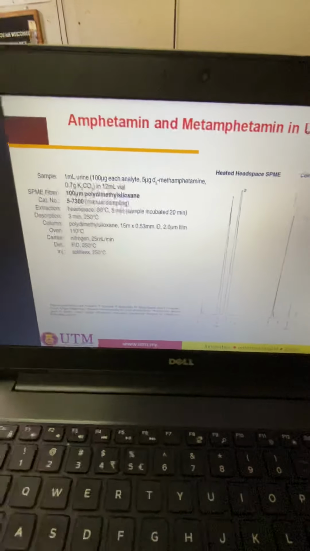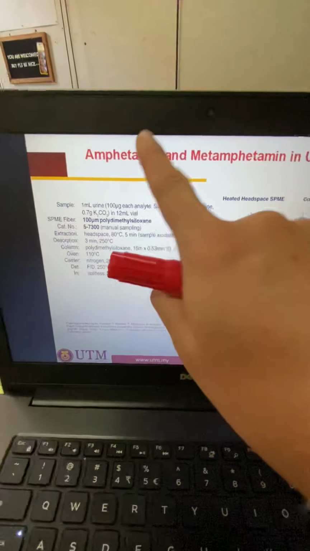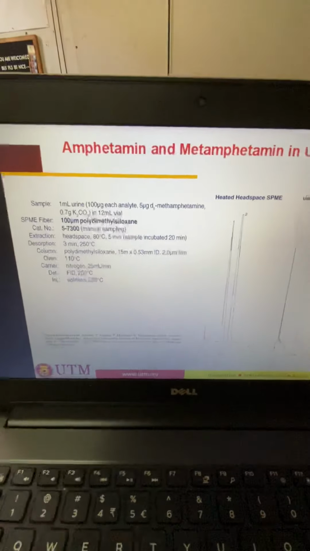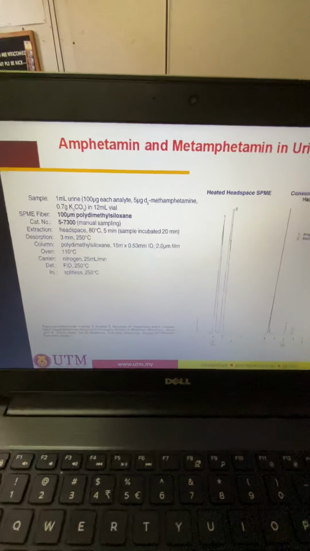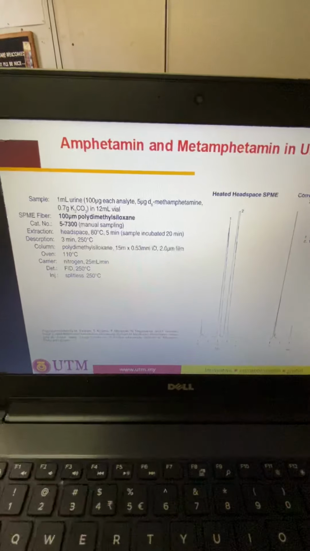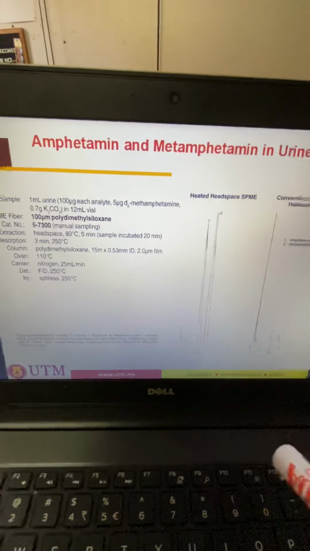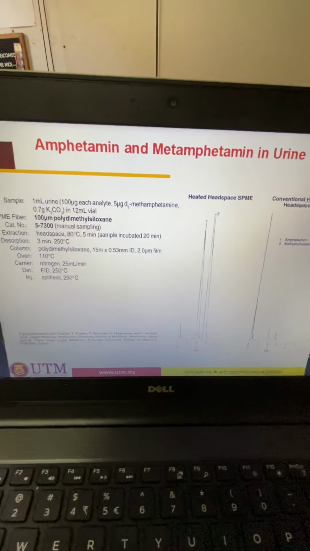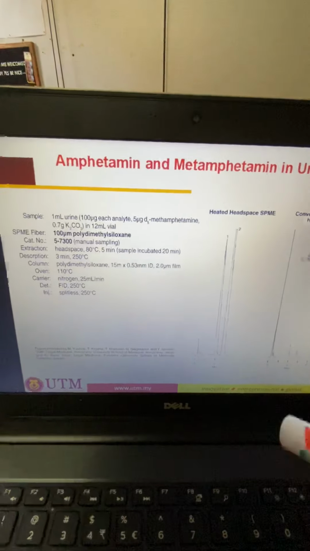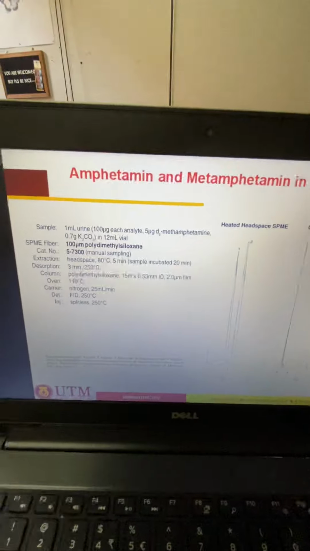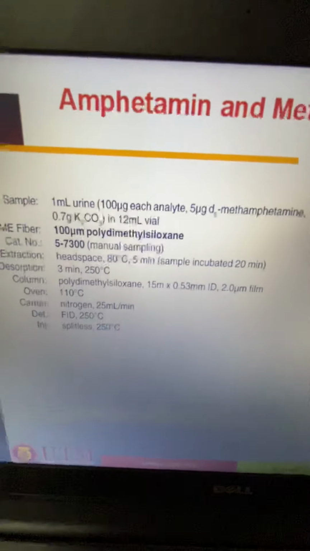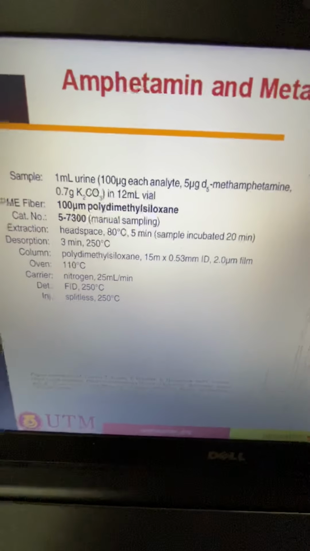I hope you still remember. It means that the amphetamine must be in a solution with pH above its pKa, so that it is going to be neutral. Then when it is heated in the GC unit, it will volatilize the amphetamine analyte over here.